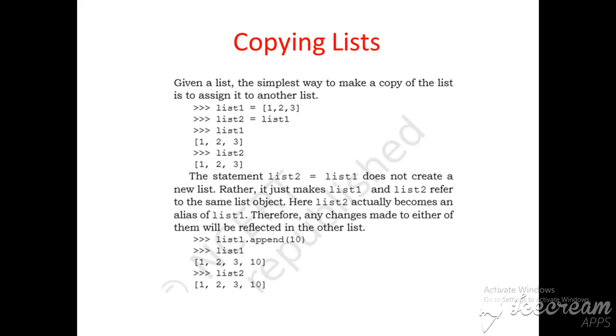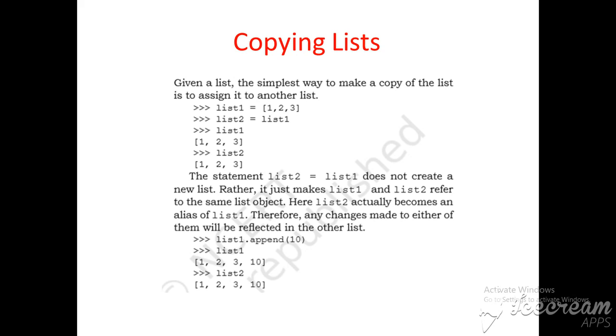This is a simple method, but one main problem is that when we use list2 equal to list1, both list1 and list2 point to the same memory location. In the first chapter we already studied the concept of ID. ID means each object in a Python program has a unique number. So both list1 and list2 refer to the same list object.